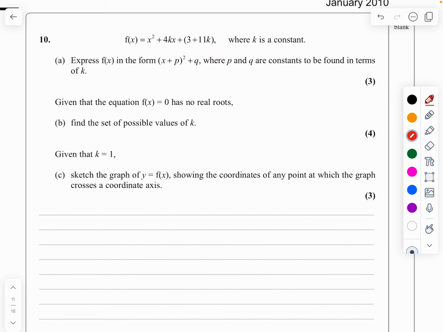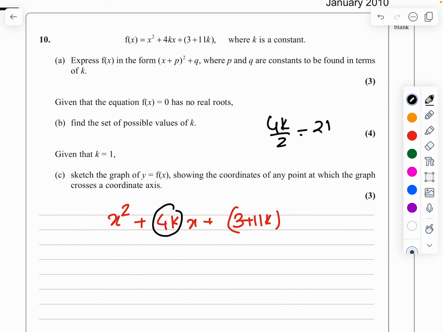Next question. Express f of x in the completing square form. So we have to express this one in the completing square form. So x square plus 4kx plus 3 plus 11k. So we know that this is 4k. 4k divided by 2 is 2k.